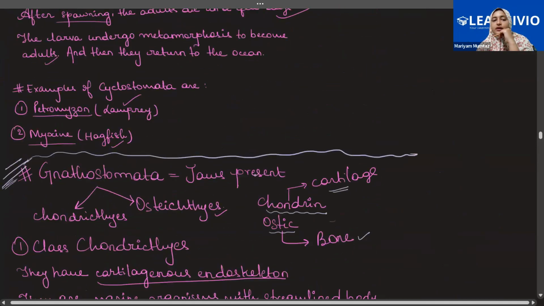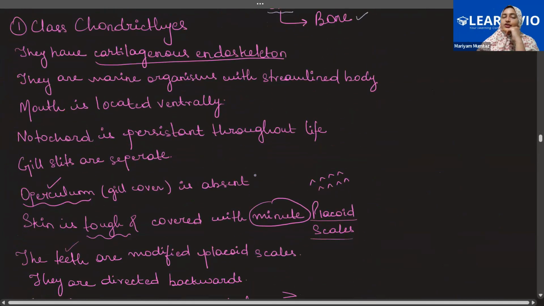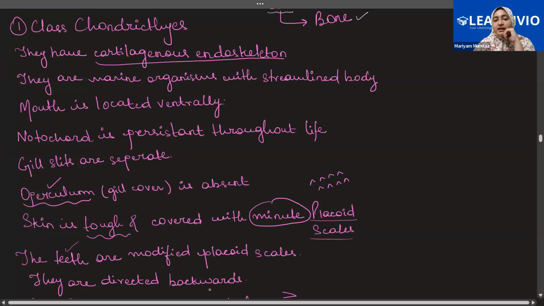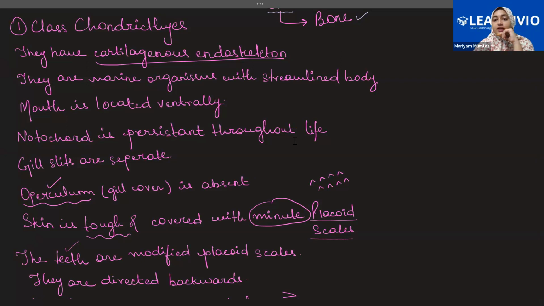When we talk about the class Chondrichthyes, they have a cartilaginous endoskeleton. Endoskeleton is the skeleton present towards the inside of the body. For example, we have a proper skeletal system made up of bones. But in the case of Chondrichthyes, the skeleton will be made up of cartilage.